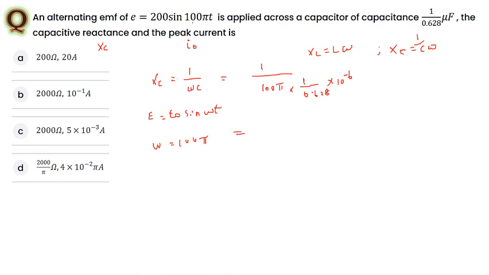So what I'm going to mention here is 1 divided by 100 into 10 power minus 6, which will become 10 power plus 6 over here.